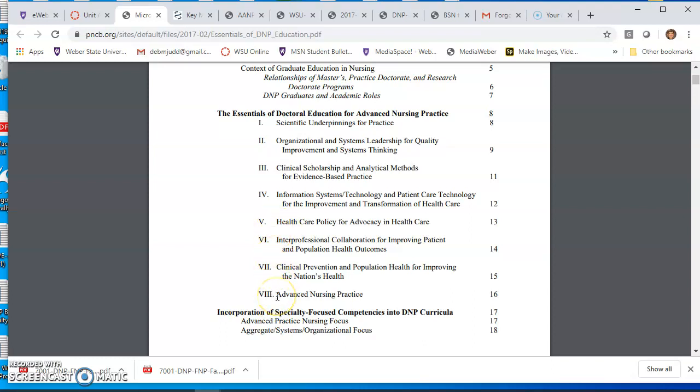And finally, the 8th DNP essential is advanced nursing practice. And if you go to the FNP competencies, which I will just in a minute, part of the advanced nursing practice competencies or essentials for them is there's actually a 9th, and it's related to ethical practice and advocacy.